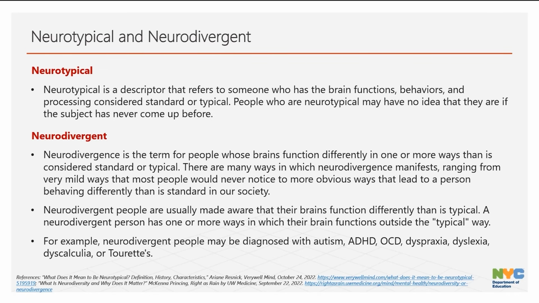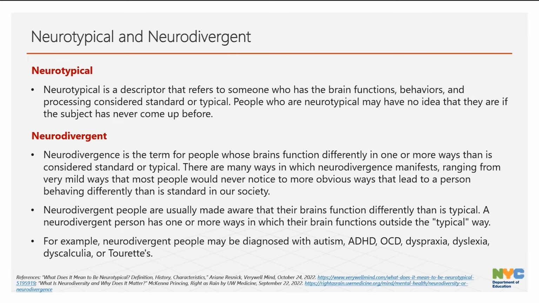Neurodivergent. Neurodivergence is the term for people whose brains function differently in one or more ways than is considered standard or typical. There are many ways in which neurodivergence manifests, ranging from very mild ways that most people would never notice to more obvious ways that lead to a person behaving differently than is standard in our society.